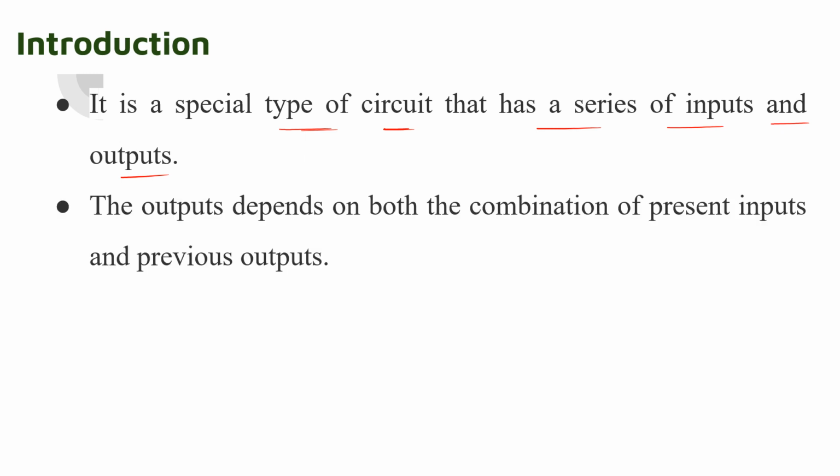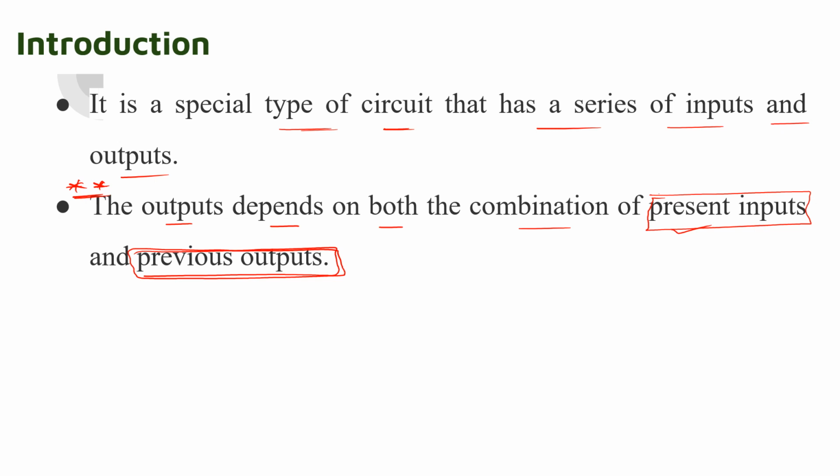Now see the main point here: the outputs depend on both the combination of present inputs and previous outputs. It is the main and very crucial thing in sequential circuits. A combinational circuit depends on present inputs but not on previous outputs, but here the outputs depend on previous outputs.